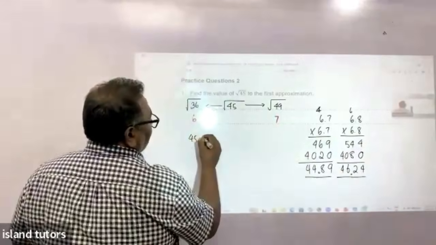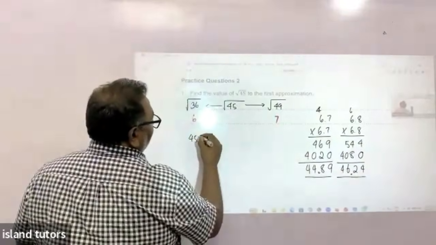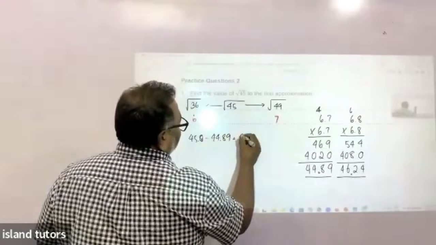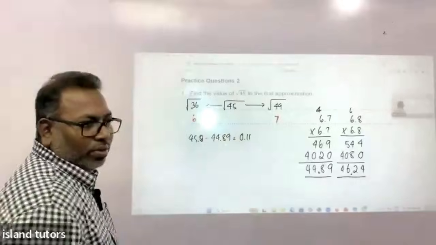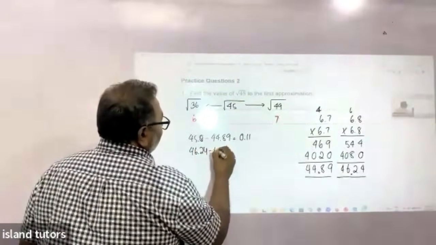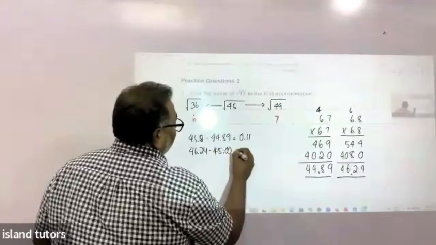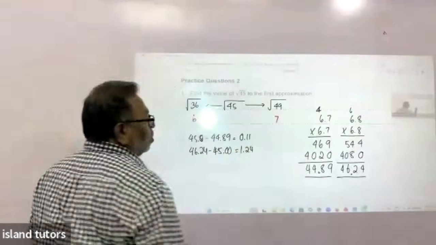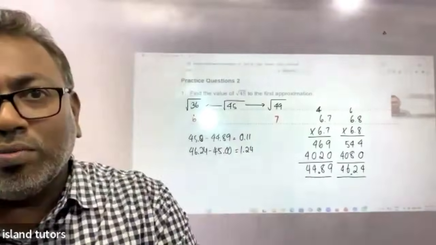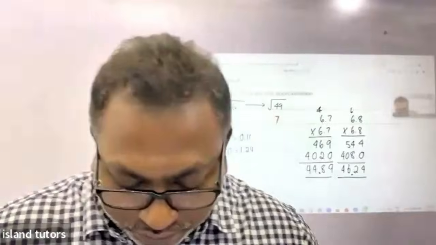45 minus 44.89, I'm getting 0.11. 46.24 minus 45, I'm getting a difference of 1.24. So which is a long way off, no? Which is a way off figure.